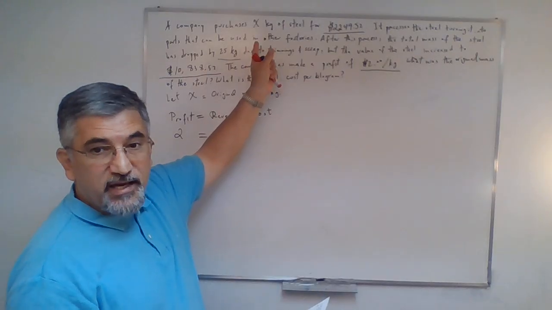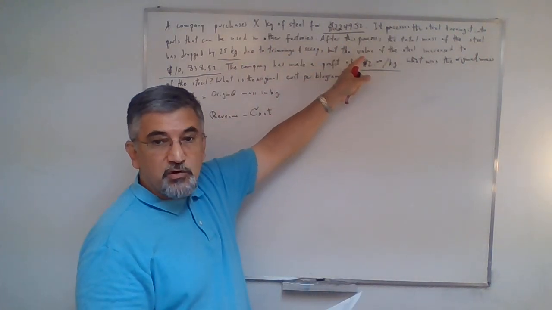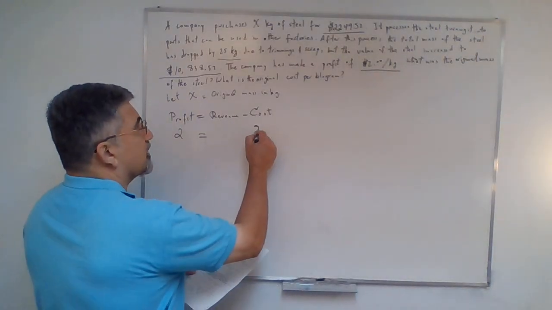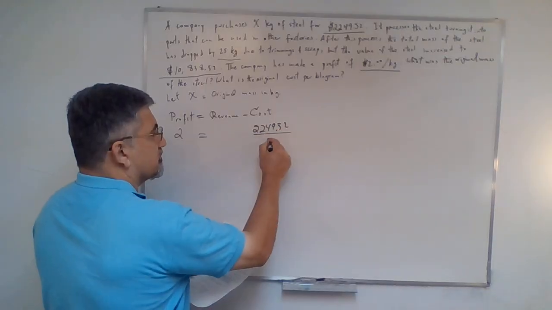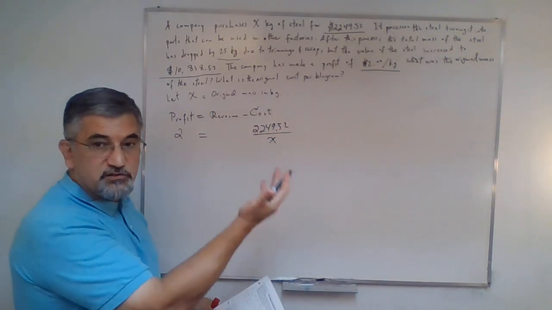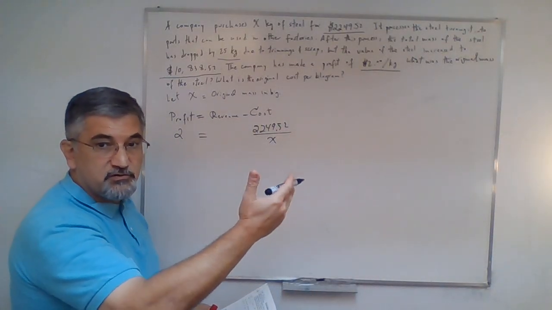Well, they bought X kilograms of steel, and how much did they pay? This much. So that was their cost of the business, basically. So 2,249.52 divided by X. That's the cost. The profit was given to us. It was $2 per kilogram. You just have to read the question very carefully.